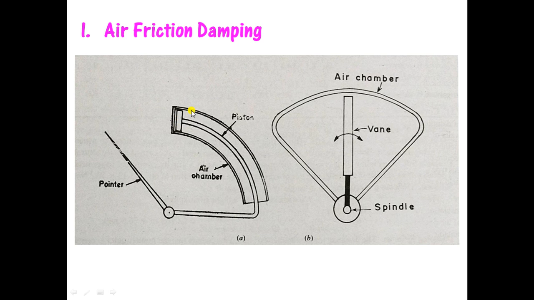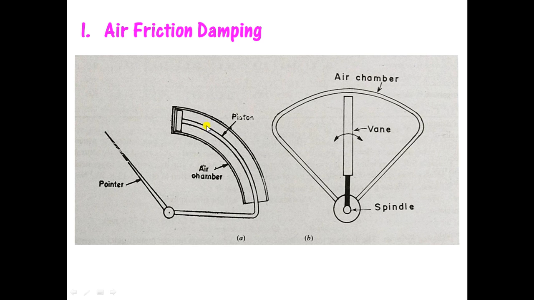This increased air pressure in the air chamber will then oppose the movement of the piston. Let's understand this properly. As the piston moves towards this end, the air gets compressed and the air pressure increases. This increased pressure opposes any further motion of the piston, and the piston is made to stop there.